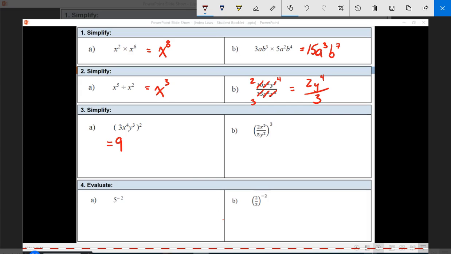You must distribute the squared to every part of that term. Now, we had to square x to the 4, and that becomes x to the 8. I have to apply the squared to y cubed, and that becomes y to the 6.